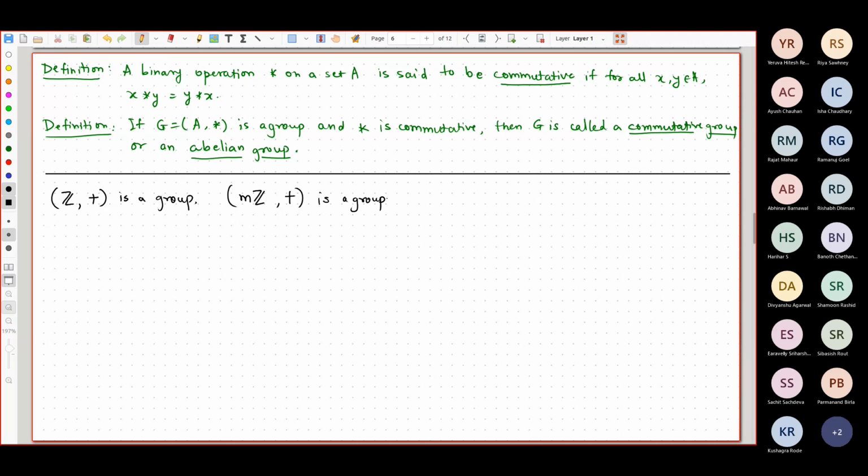Obviously this mZ is a subset of Z. Moreover, this addition operation is the same in both cases. Whether you add two multiples of m as members of one group or the other, it doesn't make a difference.